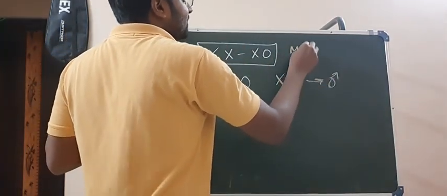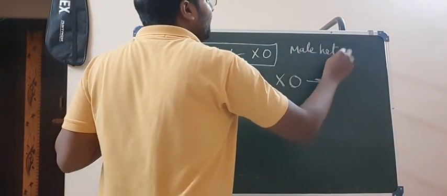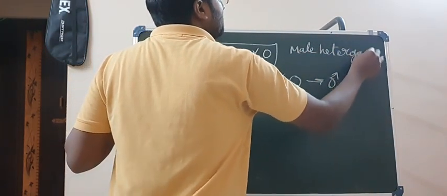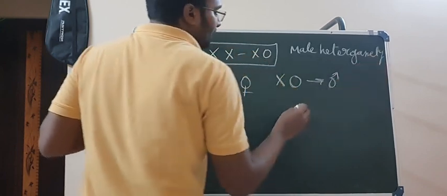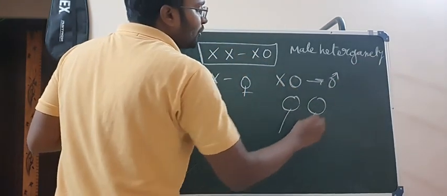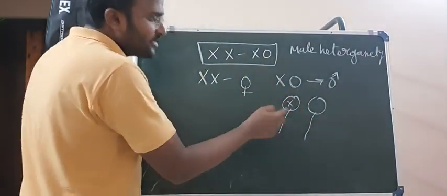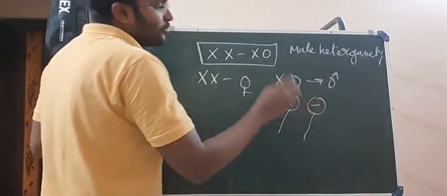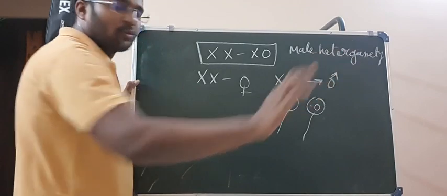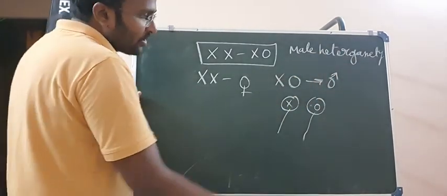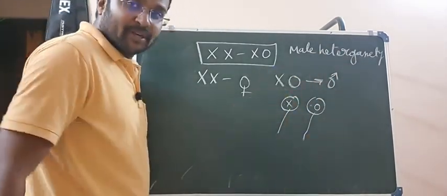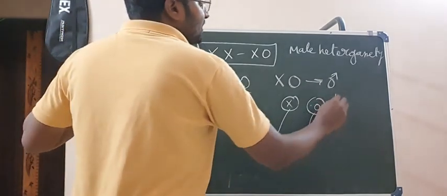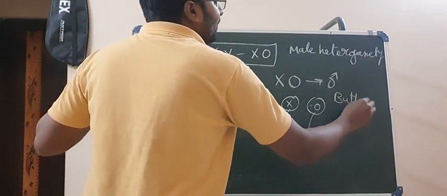This is also considered male heterogamety, because while sperms are formed, two types of sperms are formed. One is with one X chromosome, the other is with no X chromosome, no sex chromosome at all. The rest of the autosomes are present.